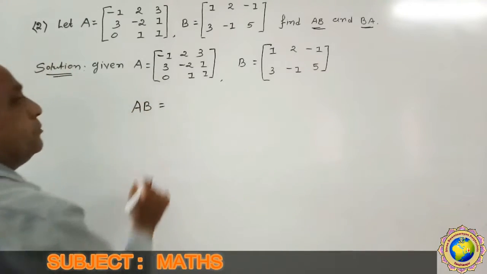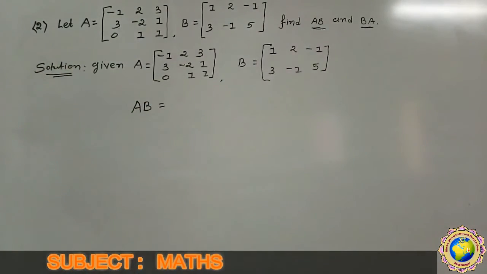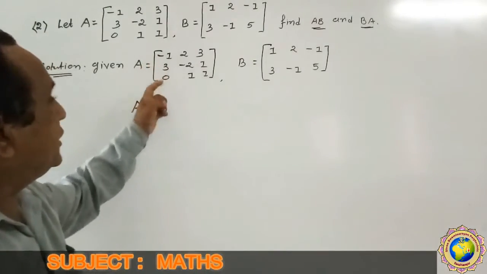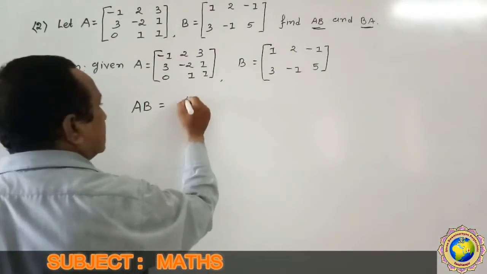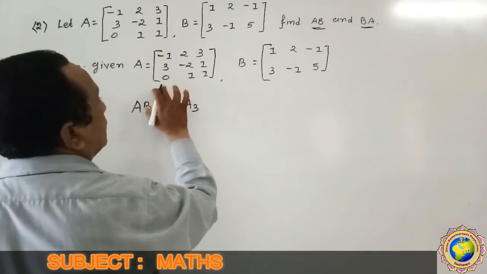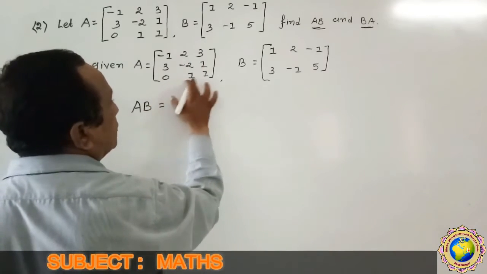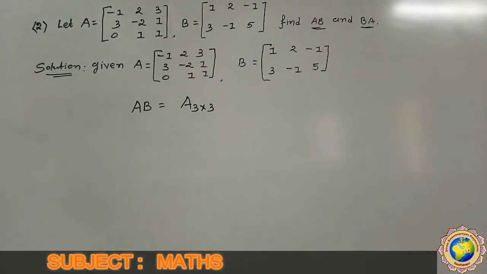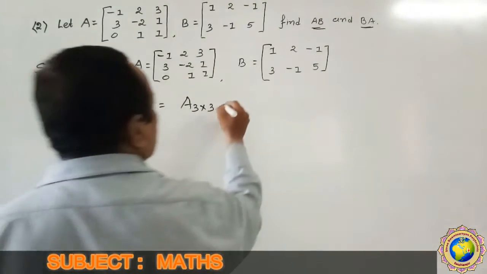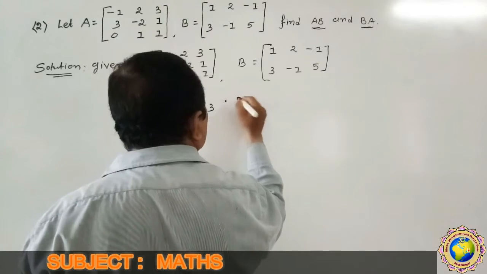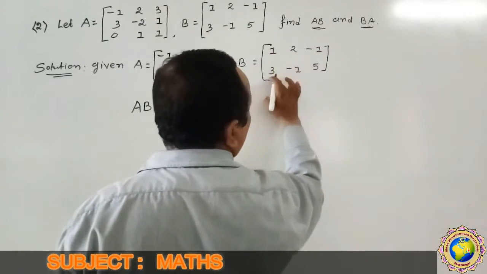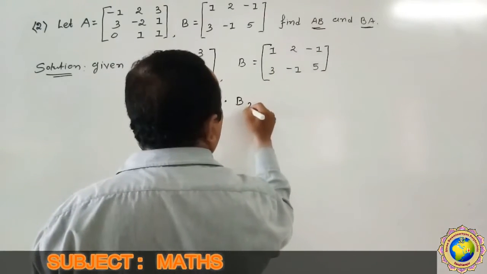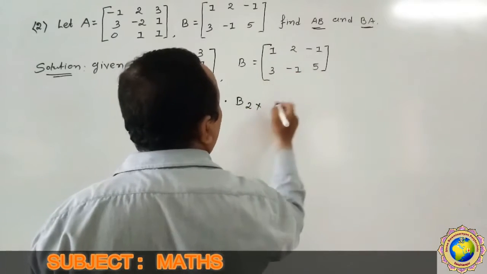A multiplied by B. Then A has 3 rows and 3 columns, 3 by 3. And B has 2 rows and 3 columns.